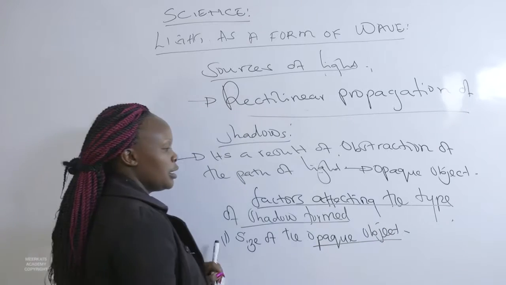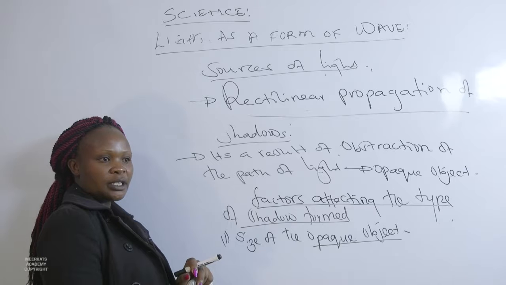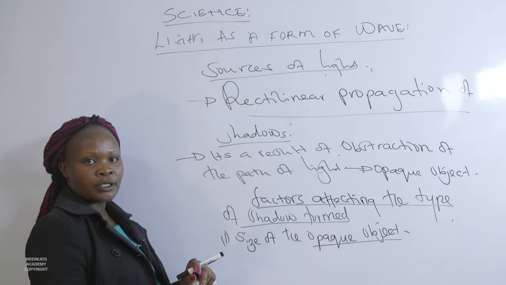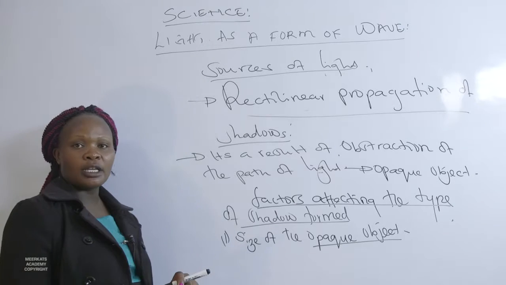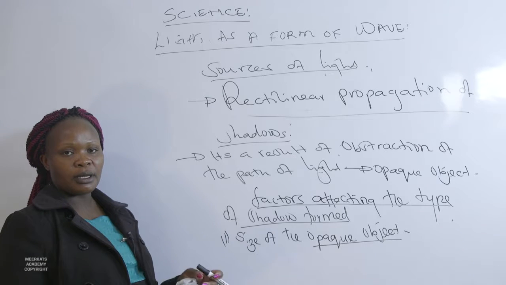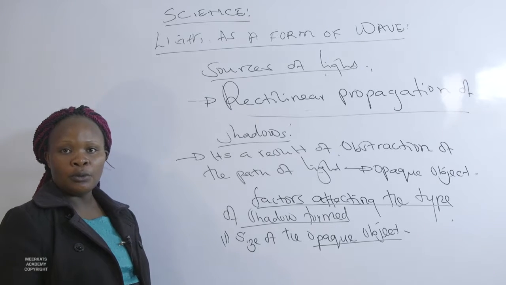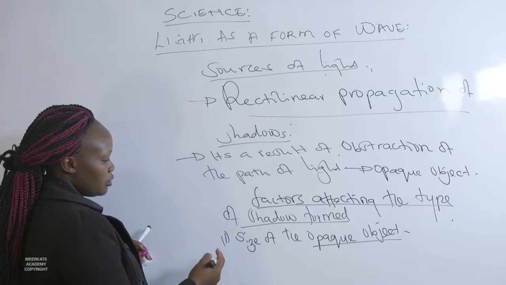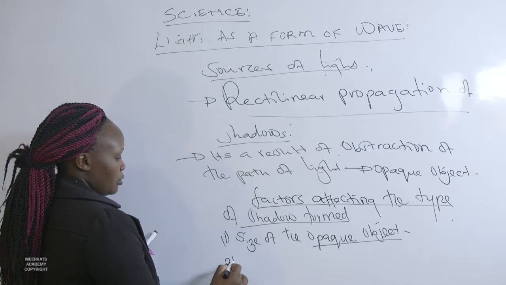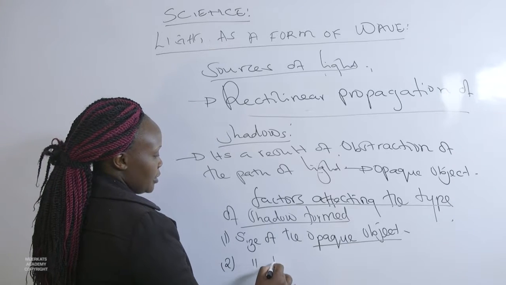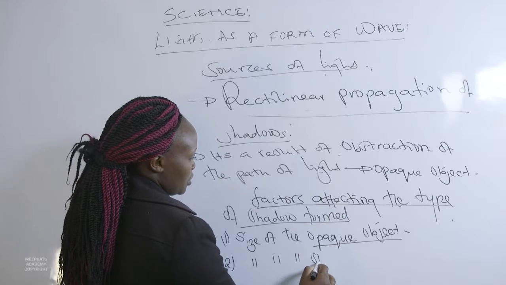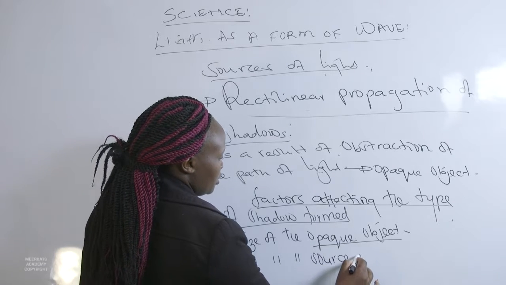Remember here, we are actually narrowing down to opaque objects only, which is to mean that when light comes across a transparent or translucent material, we do not expect a shadow to be formed. Number 2 is the size of the source of light.